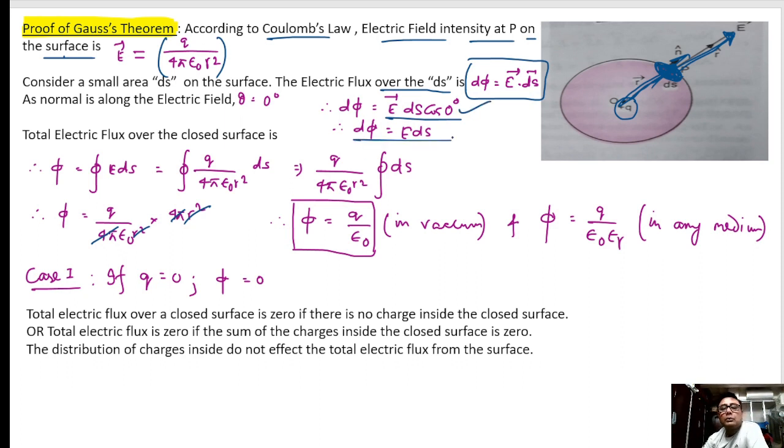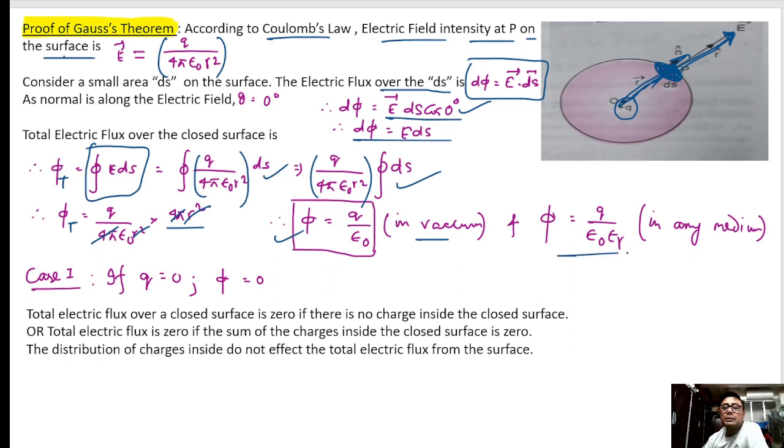So d phi equal to E ds. So total flux through the entire surface will be the line integral of this, and E is q by 4 pi epsilon o r square. r is constant, so it comes out. The line integral of ds is 4 pi r square. So this gives you phi equal to q by epsilon o in vacuum.